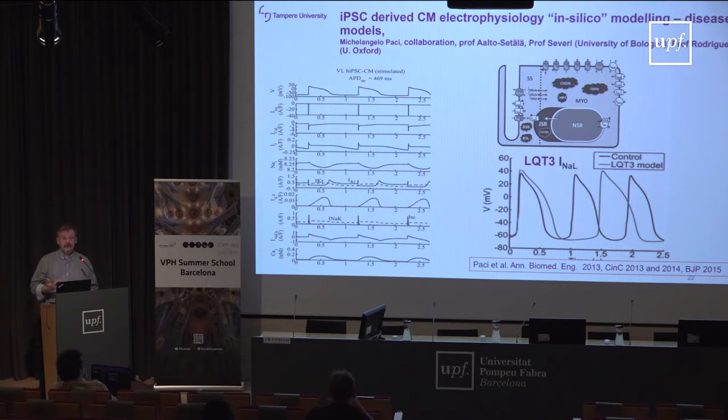And how you can do it in these cells, of course, is that you make the normal cell, then we know that there's a problem in this ion channel. You can change the parameters of this ion channel, and then see whether you actually generate the phenotype. And of course, then we can compare whether that model is fitting to those that we can measure in vitro.